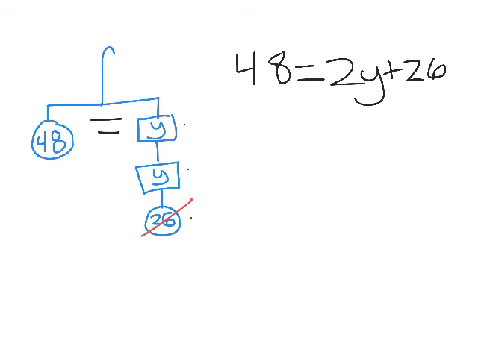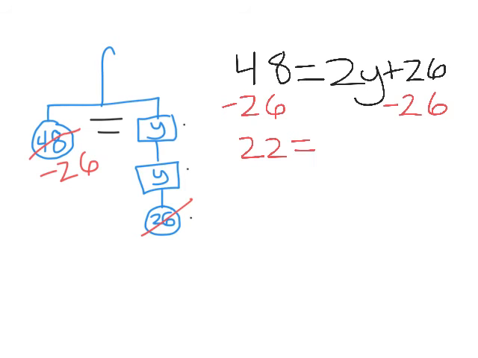So I'm going to subtract 26, but whatever I do on one side, I have to do it on the other, so my hanger stays balanced. So I'm going to take 26 away over here. And on this side, that leaves me with 22 equals 2y.